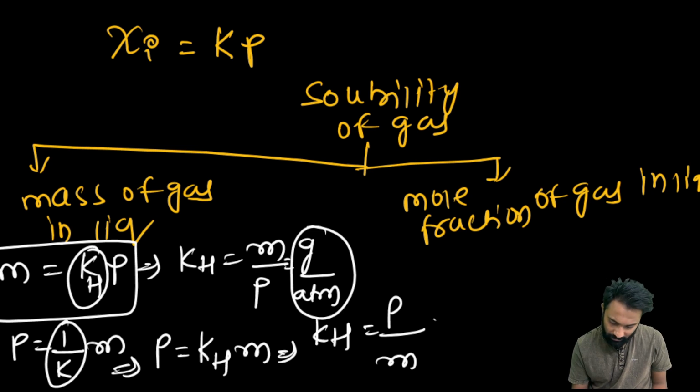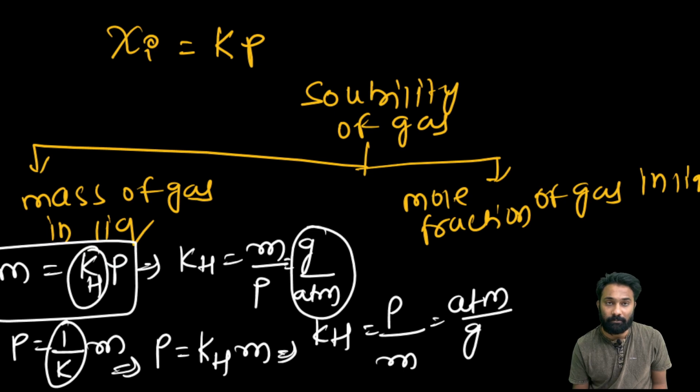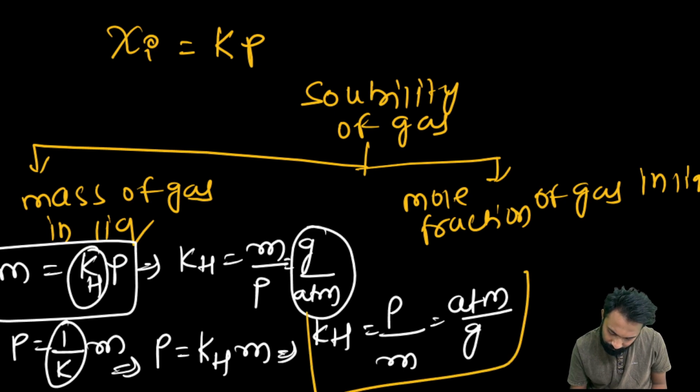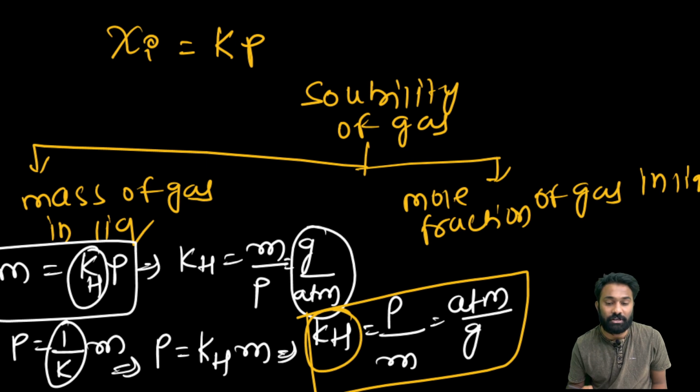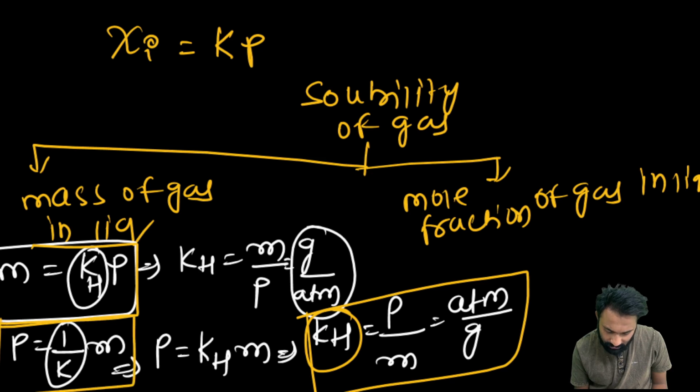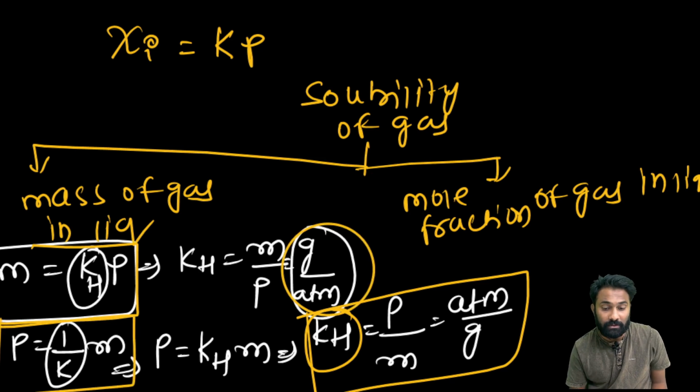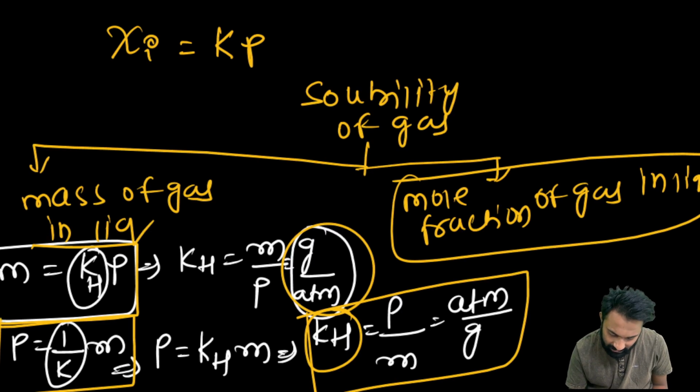The unit will be atm by gram. Clear? This is very, very important. Depending upon the Henry's constant unit, you have to solve the question. You should not use either formula directly. First see the Henry's constant unit in the question, then use that formula.